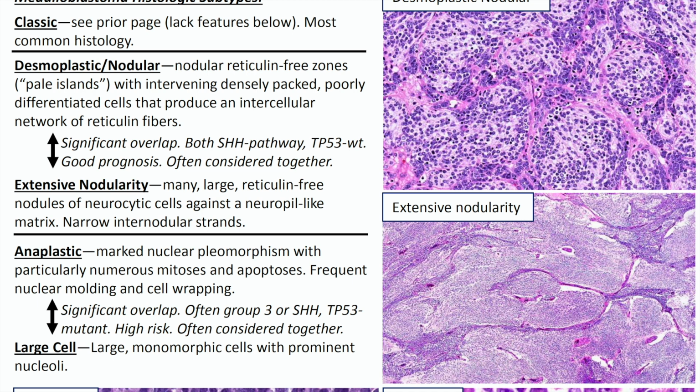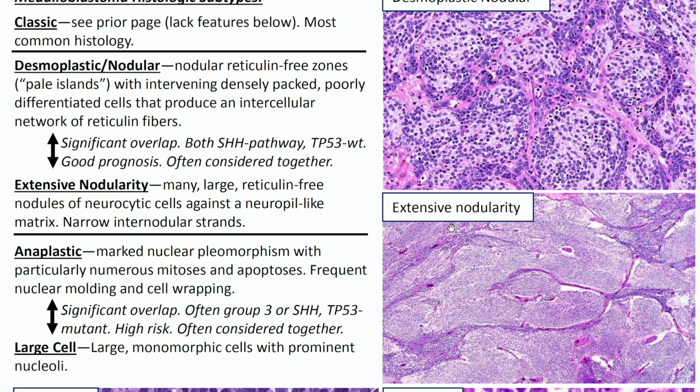So there's significant overlap between desmoplastic nodular and extensive nodularity. Both have the sonic hedgehog pathway, TP53 wild type, a good prognosis, and they're often considered together.